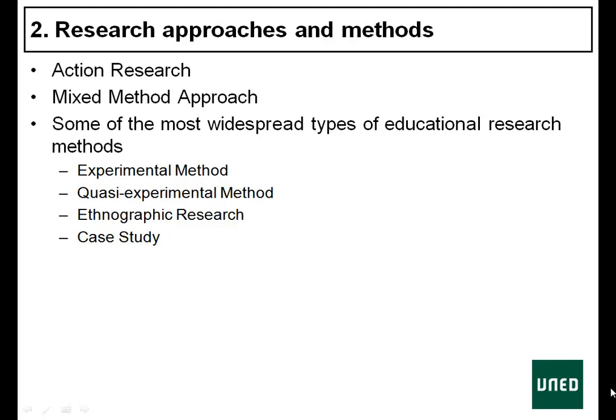An example of ethnographic investigation could be researching the acquisition of first or second language in different communities with different socio-cultural features. The last type of research that we are going to look at today is the case study. It can refer to two very different research approaches.